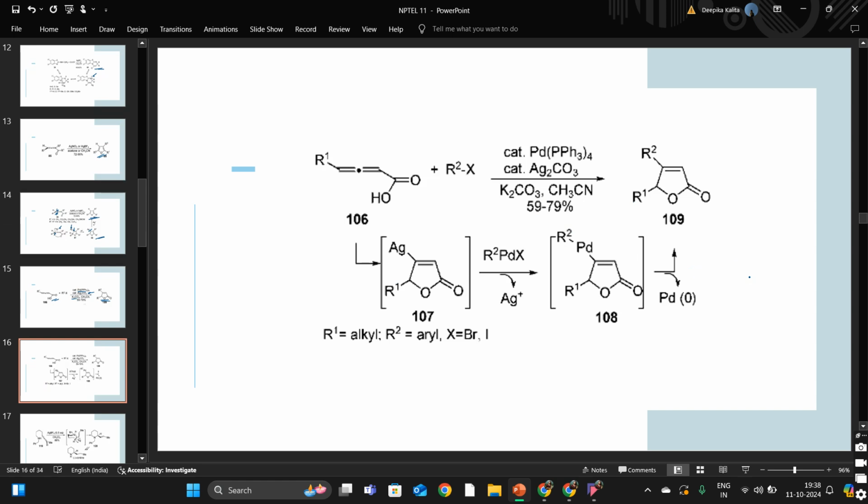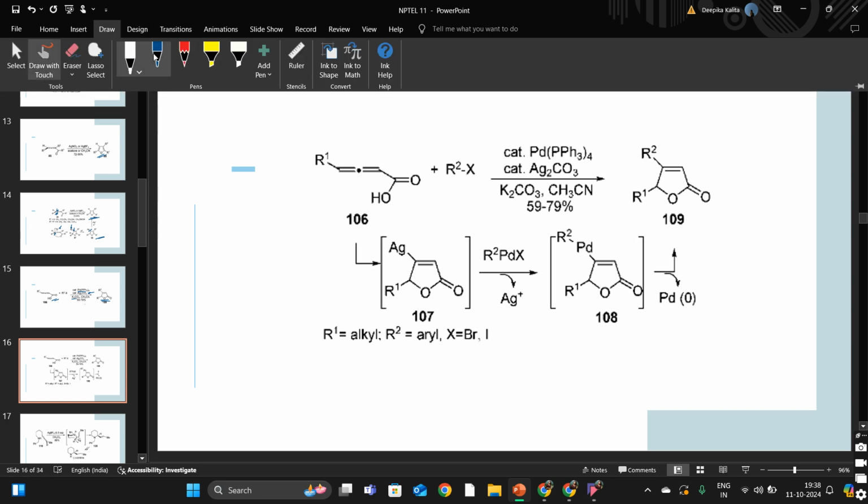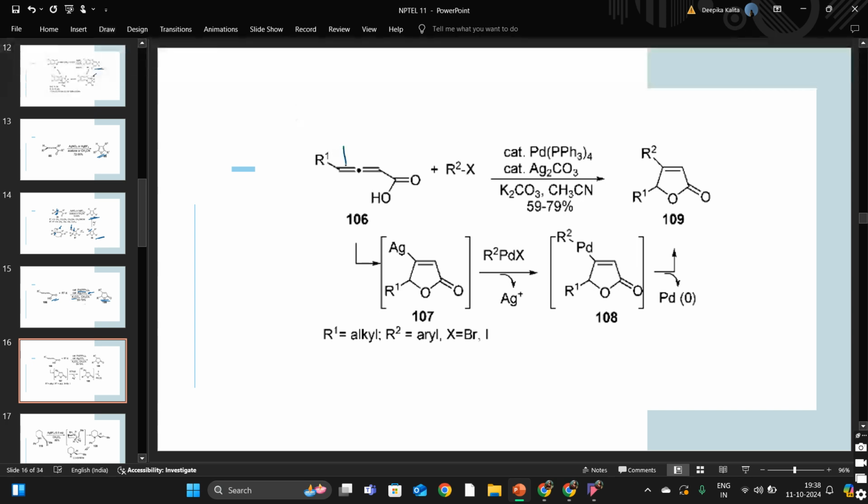So this is the mechanism for this particular reaction. Let us see how this alkyl halide and palladium are playing a role in this particular reaction. So at first the reaction mechanism will be the same as we saw in the previous question. This bond will be activated and this oxygen atom from the acid is going to attack at this carbon, because in this way we are going to get a stable ring formation.